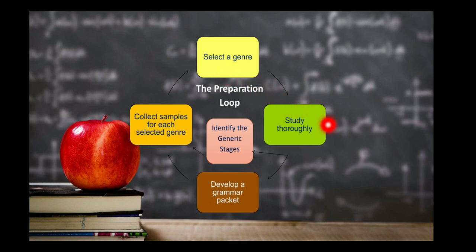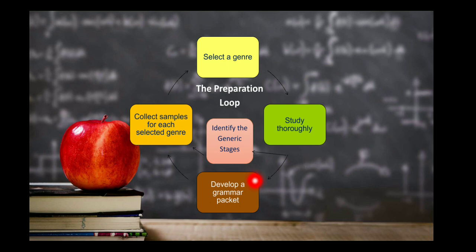Then what you need is to study that type of text thoroughly, whatever you have selected from the genre. So you read it thoroughly, and what do you need to do when you read? The first thing that you need to do is to develop a grammar packet. What type of grammar is used in that particular text?